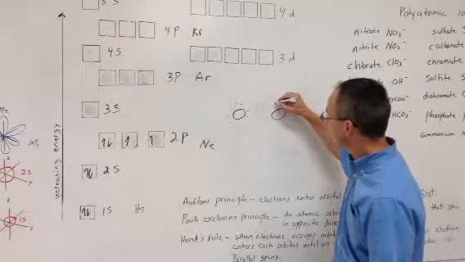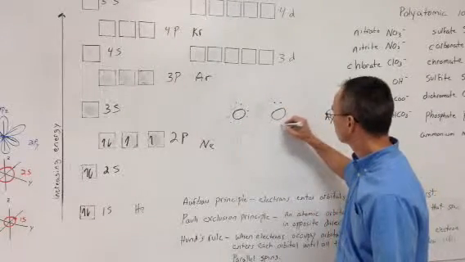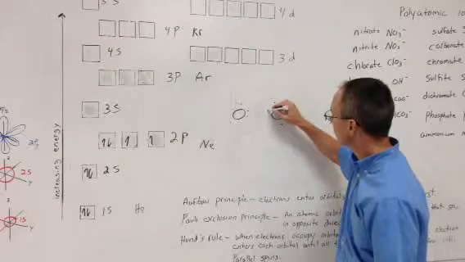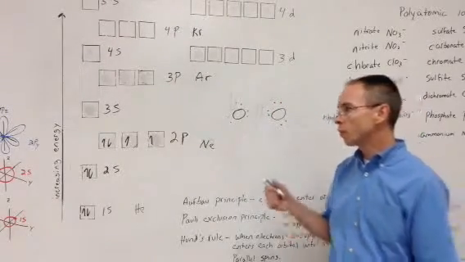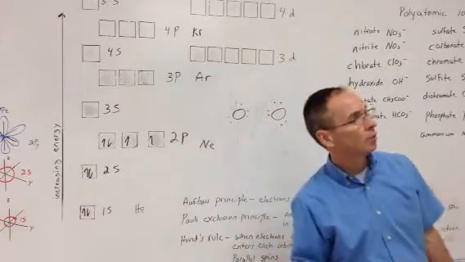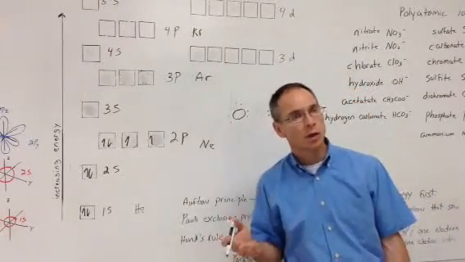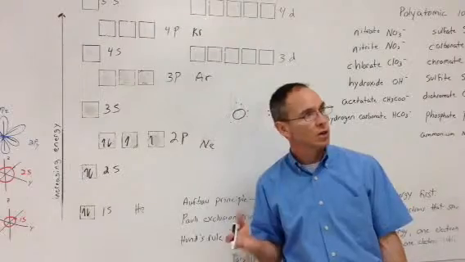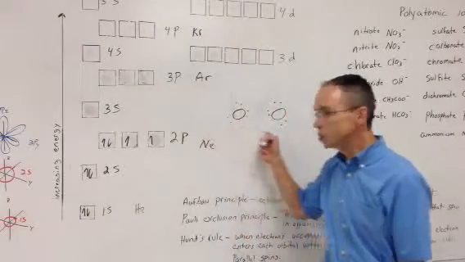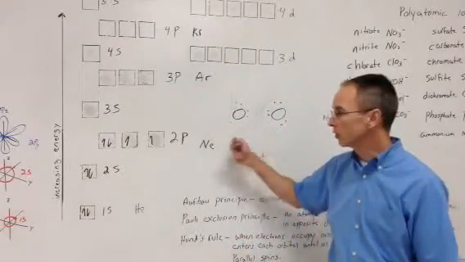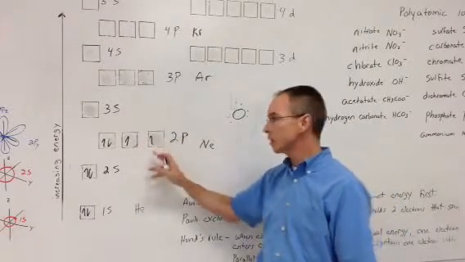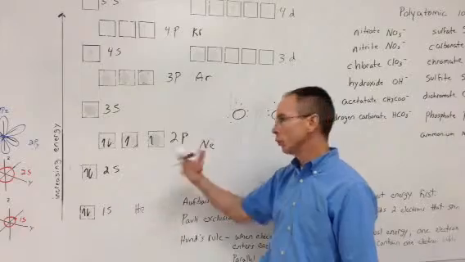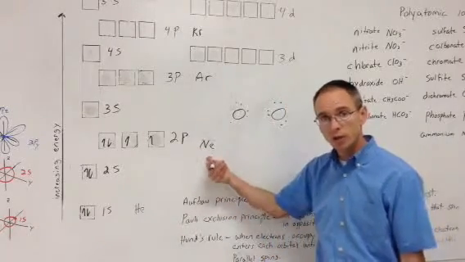If I bring two oxygens together, in order for each to feel like it has the same noble gas electron configuration as neon, each one needs 2 more electrons to complete this 2p orbital. If I give oxygen 2 more electrons, it will have the same electron configuration as neon.